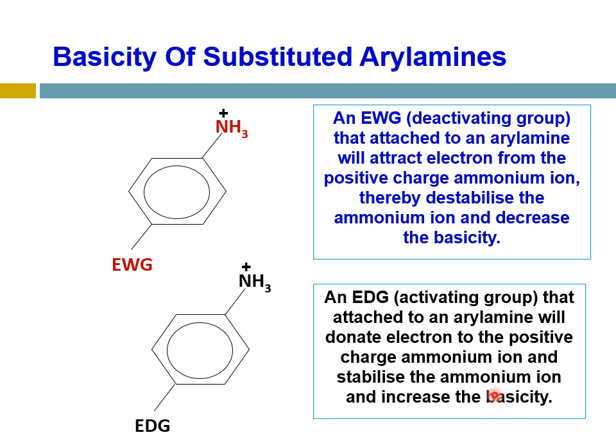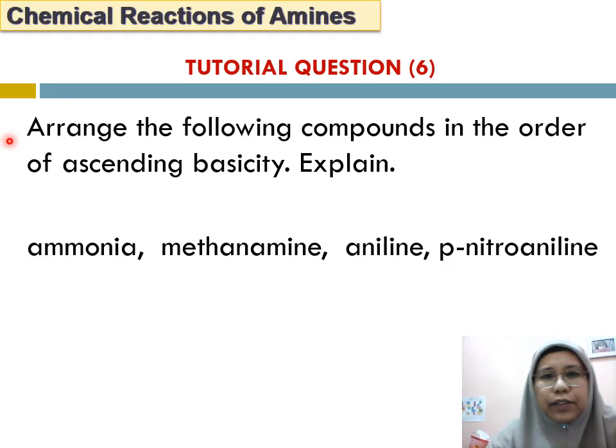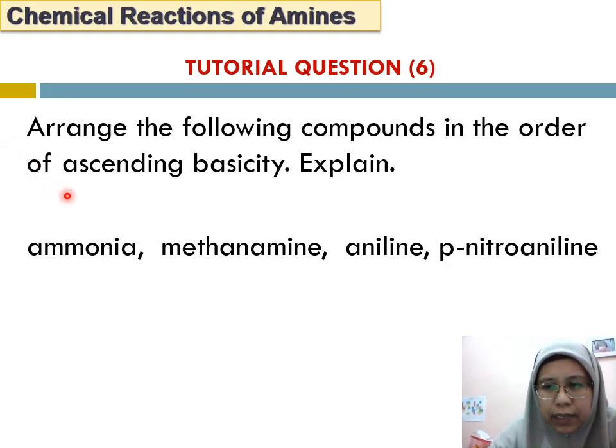It is available to bond with hydrogen from outside. Let's do question number 6 in the tutorial of this chapter: arrange the following compounds in order of ascending basicity and explain. We have to arrange these 4 compounds. So what are their classifications? Ammonia, methanamine is a primary aliphatic amine. This is an aryl amine. This is an amine which is aromatic and has an EWG, electron withdrawing group.